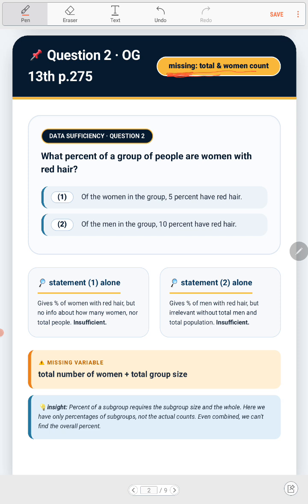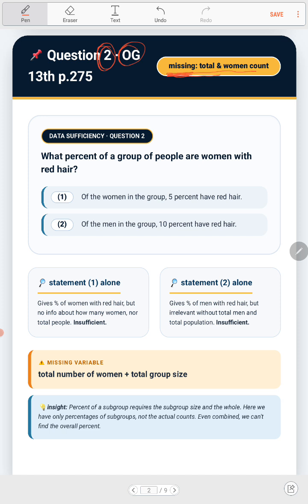The first question here is question 2, if you have the 13th edition of the official guide. OG simply means official guide. On page 275, question number 2, data sufficiency.